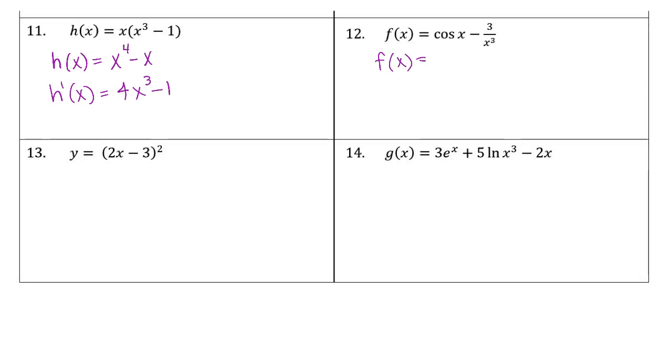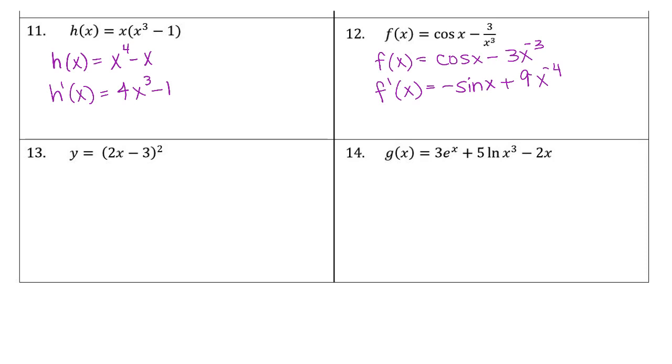We have f of x equals cosine x minus 3x to the negative 3. So f prime at x, derivative of cosine is negative sine of that same angle, and then derivative here, it looks like we're going to end up with a positive 9x to the negative 4. And again, I'm all for you leaving it like this.